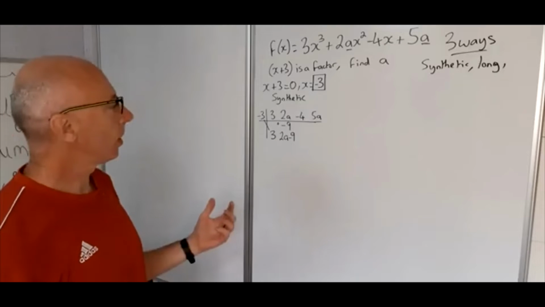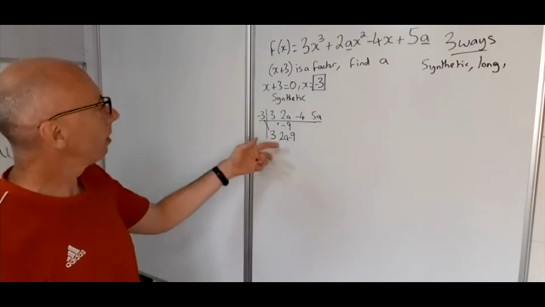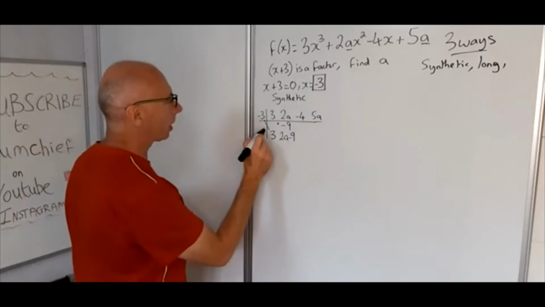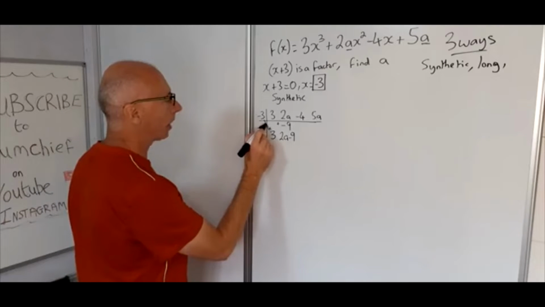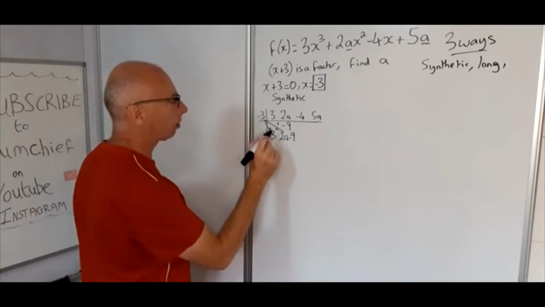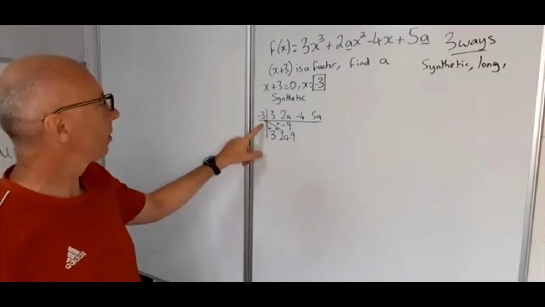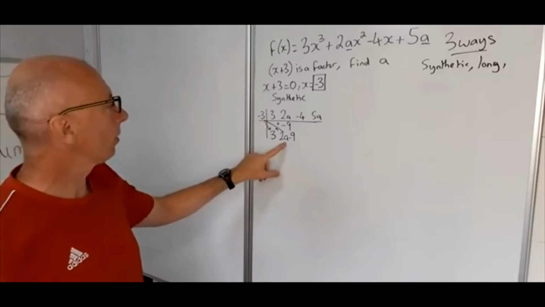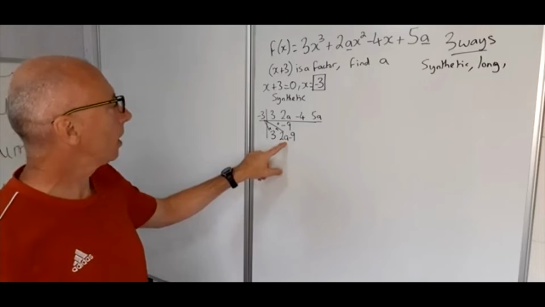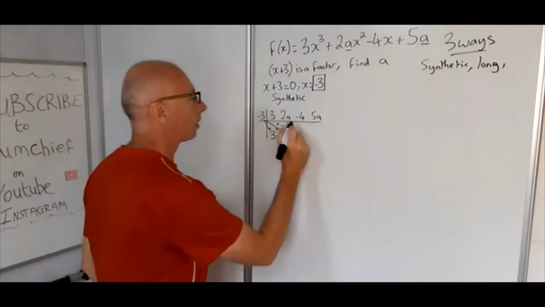Okay, so now what's the next step? Again, we multiply by the minus 3. So 2a minus 9 times minus 3 is going to give us minus 6a plus 27.